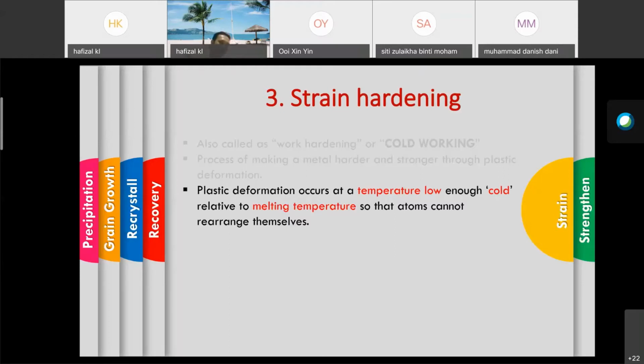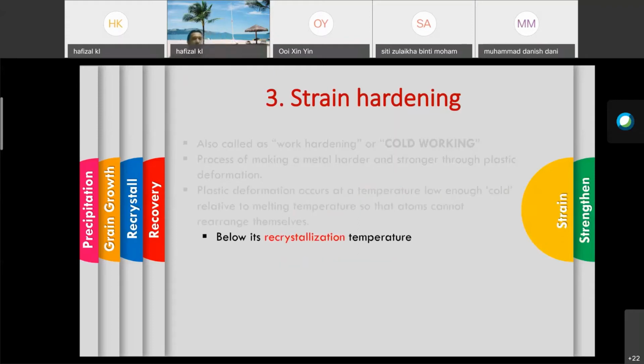Compared to the keris at room temperature, it needs a lot of extra force, or finally it will break. So the temperature we introduce here is below the recrystallization temperature. After this, you will see the recrystallization term and definition.